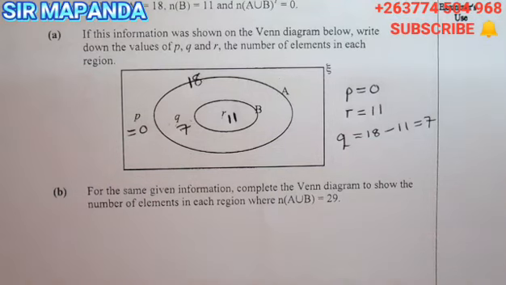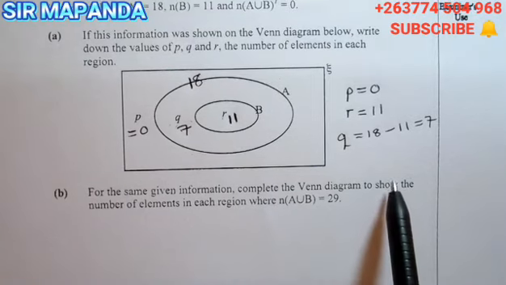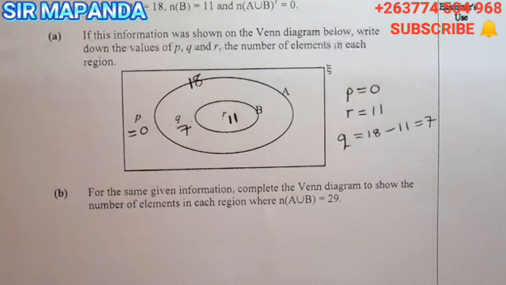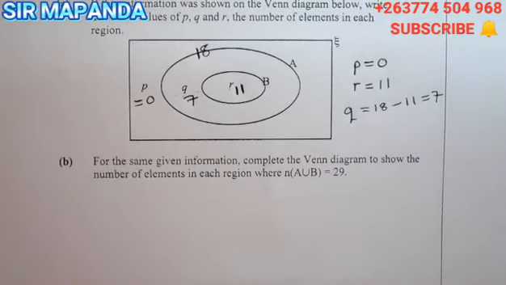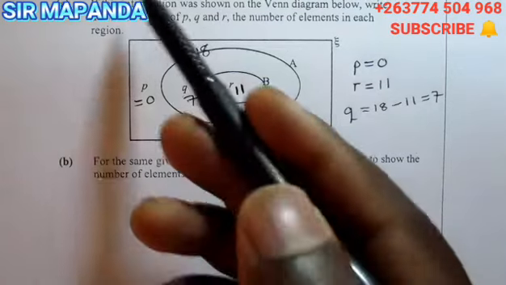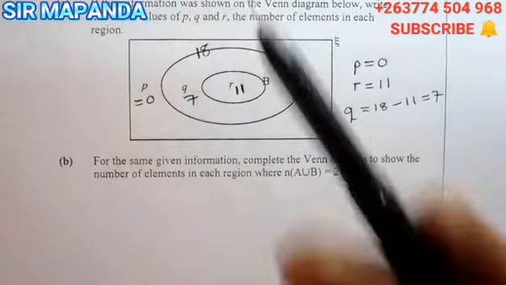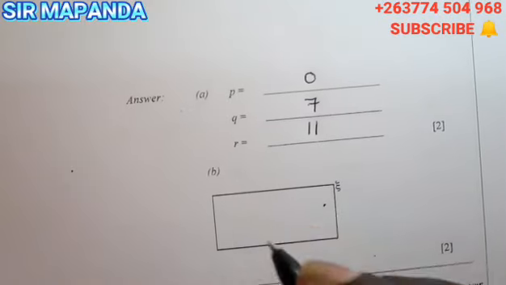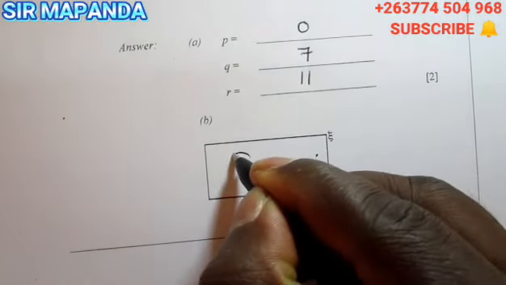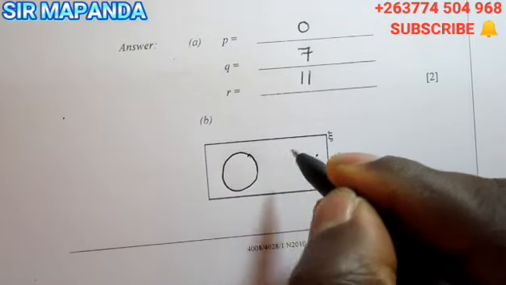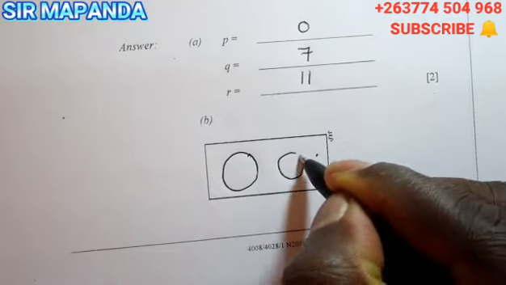For the same given information, they are referring to this information where n(A) is 18, n(B) is 11, and n(A union B complement) is equal to 0. Complete the Venn diagram to show the number of elements in each region where n(A union B) is equal to 29. So, for A union B to be 29, since we have A 18 and B 11, you draw the sets A and B in such a way that the two circles do not intersect.